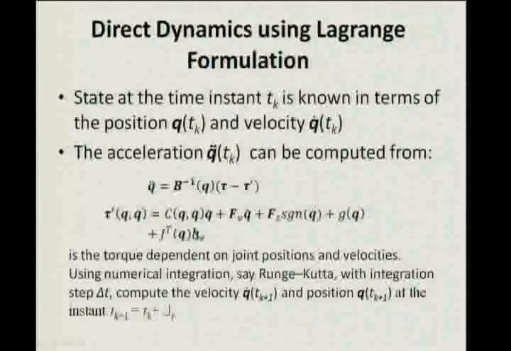So, you are in business. Again you do the same Runge-Kutta and you can back out your whole problem. You can then do the direct dynamics. Is this roughly clear? The only way you will get it clear is by actually doing it. So, we will try doing that in the lab.